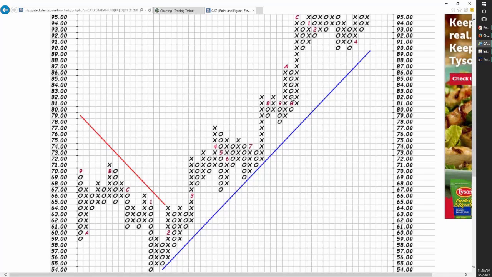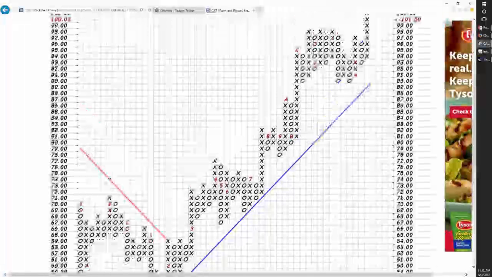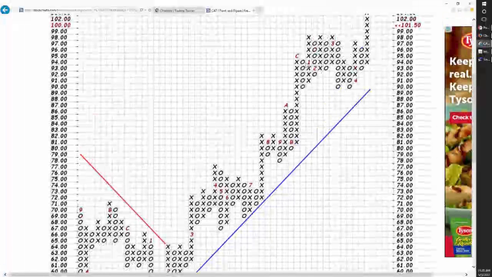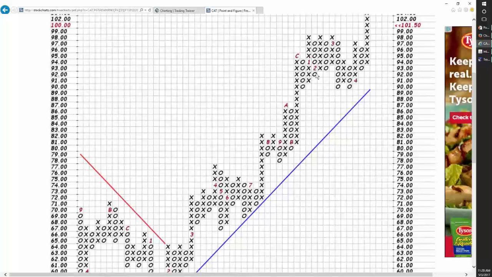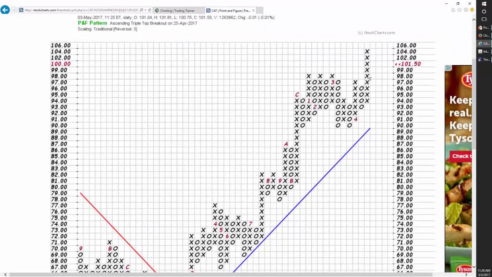October was a down month, and then November was a very high up month, and then December, January, February, very quiet months. But by looking at where the actual reversals and the tops and the bottoms are found, you get a whole new understanding about how this stock is moving.